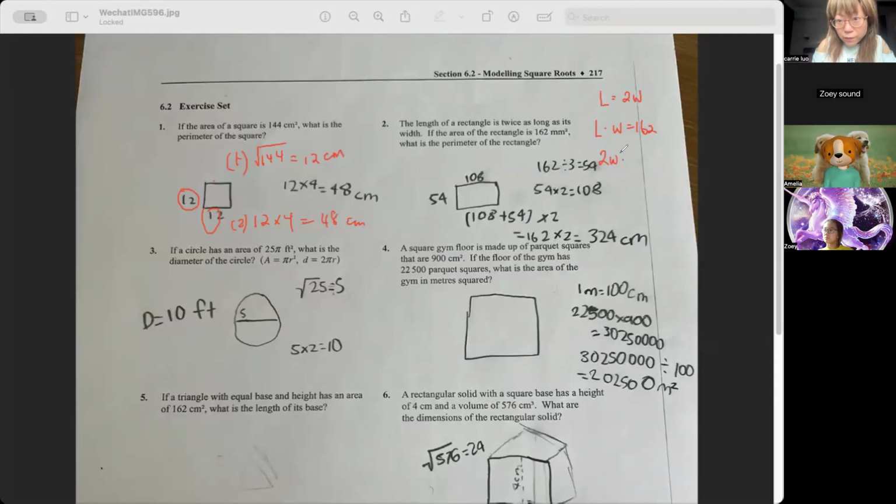So 2 width times width equals 162. So width squared equals 81. So width equals 9. Get it? What is a perimeter? Then 9 plus 18 times 2 equals 27 times 2 equals 54. Amelia, do you see? It's completely wrong.